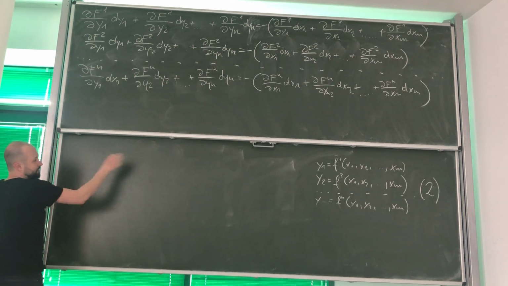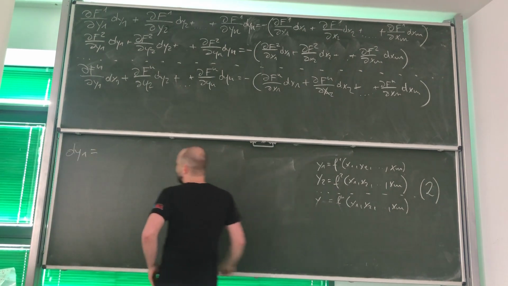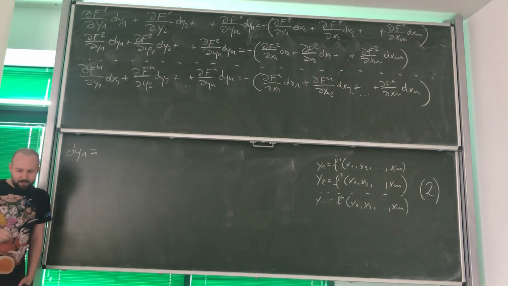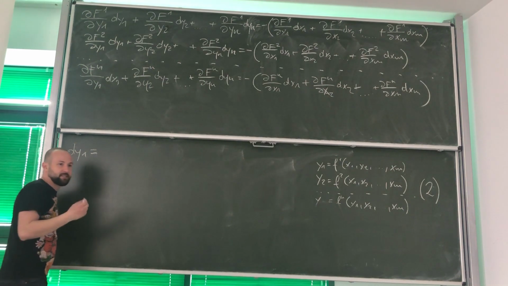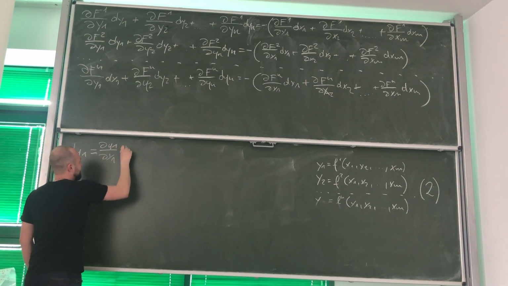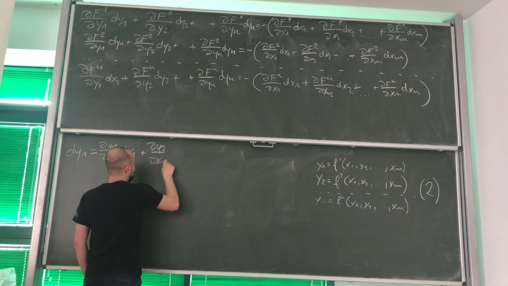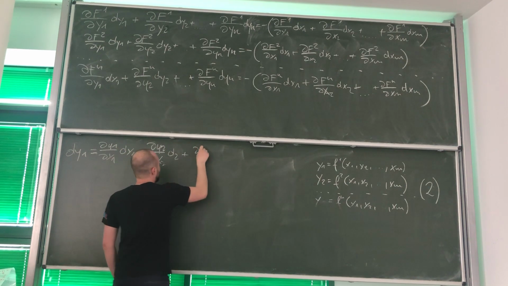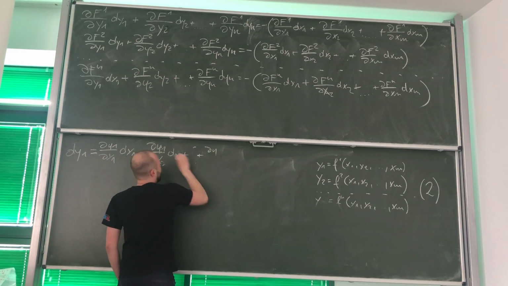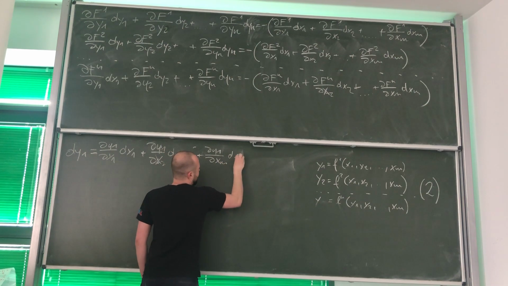Okay, so we get dy1 equal to dy1/dx1 dx1, plus dy1/dx2 dx2, plus, until dy1/dxm dxm.